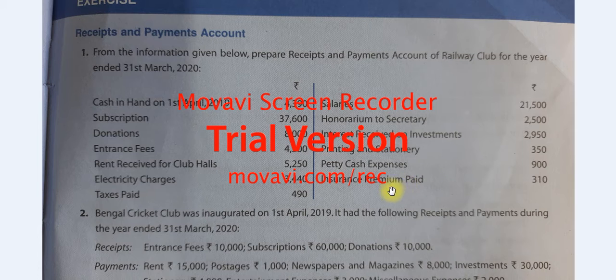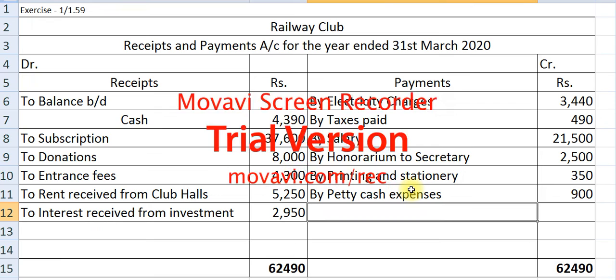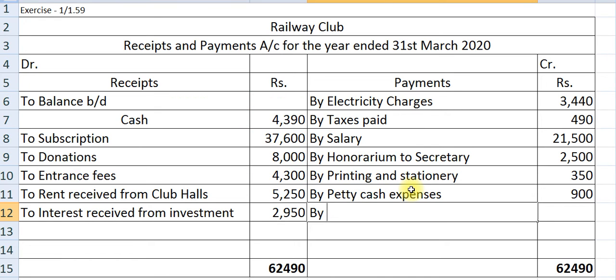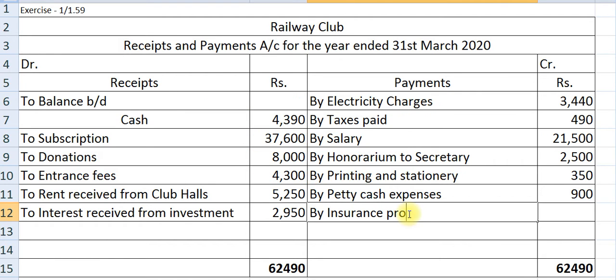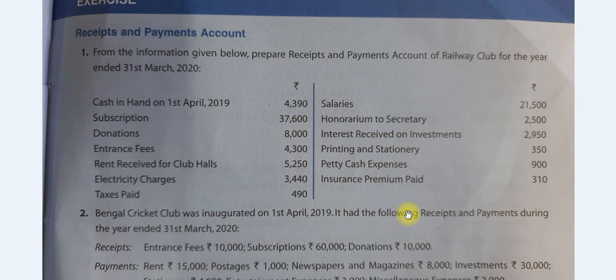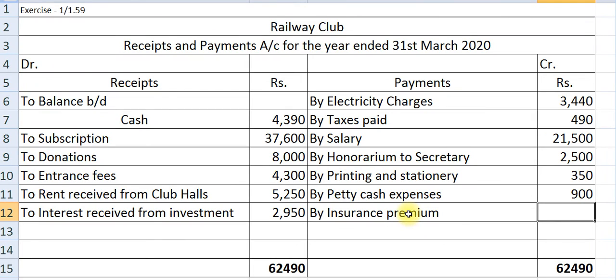Next, insurance premium paid. So the term is clearly defining paid. So it will go to payment. Insurance premium paid, rupees 300.